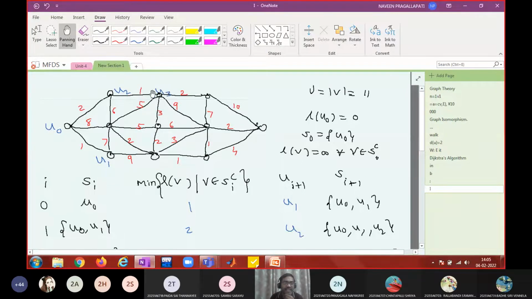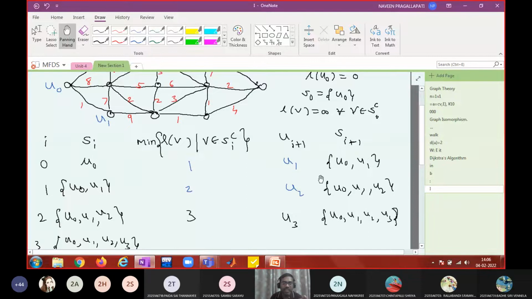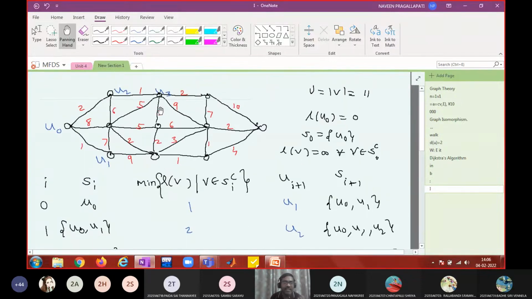Because it is nearer to this node, I just have to compute the walk length from this node to this node, and to that walk length add the walk length already there for L of u3. That means 3 plus L of u3. What is L of u3? Already we have 3. So 3 plus 3 is 6. That 6 is nothing but the distance from this node to the source node. Is that clear?